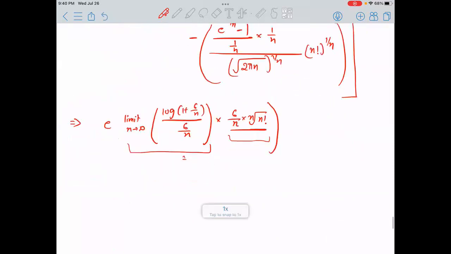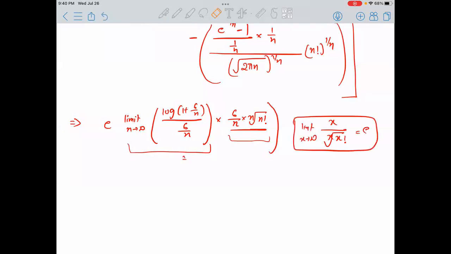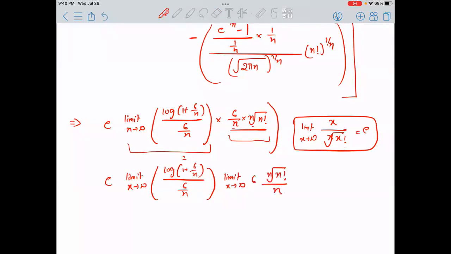Look, limit x tends to infinity of x by x root x factorial equals e. Agree? So look, there is n and nth root n factorial. That means you can convert it like this: limit log(1 plus 6 by n) divided by 6 by n, into limit of 6 into nth root n factorial divided by n.